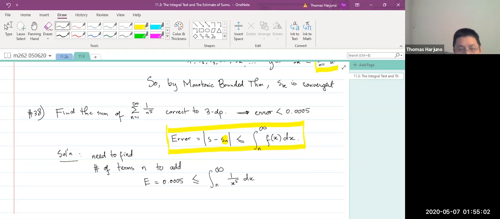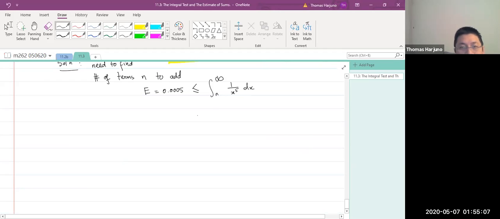Now, how many terms should I use? Let's show this. This is the limit as t goes to infinity of the integral from n to t of x to the negative 5 dx. I'm sorry, it should be t here. So this is the limit as t goes to infinity of negative 1/4 x to the negative 4 from n to t.